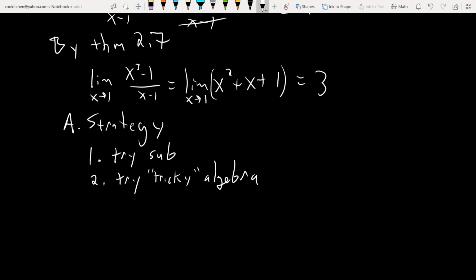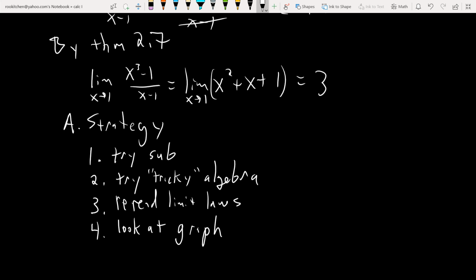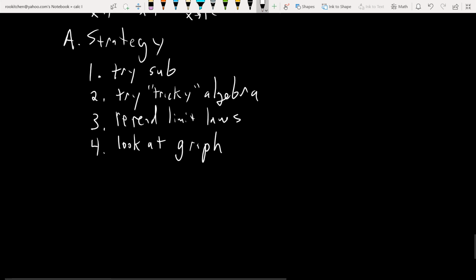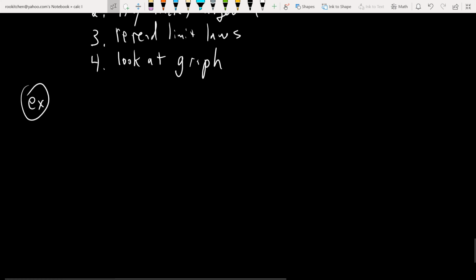And if that still isn't getting the job done, you can reread the limit laws and see if there's some way you can break up the limit so you can get the limit of the pieces. If all else fails, look at the graph. Okay. And then you can get an idea. But the graph should be kind of a last resort.